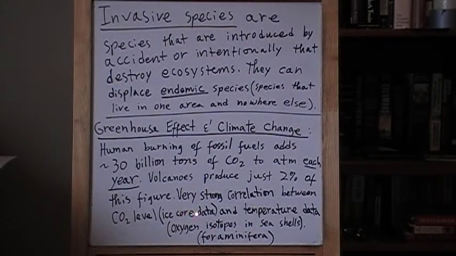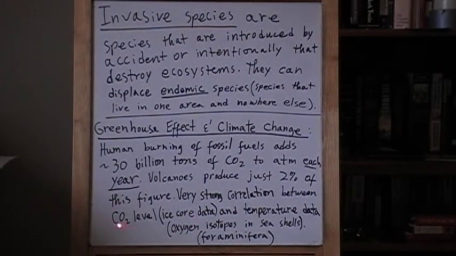So ice cores, if you go to Greenland or to Antarctica and take a core of ice, the ice contains dissolved gases that were present in the atmosphere when the ice formed. And so it's a record of the CO2 levels in the atmosphere. And they correlate very well with the temperature from the oxygen isotope data.